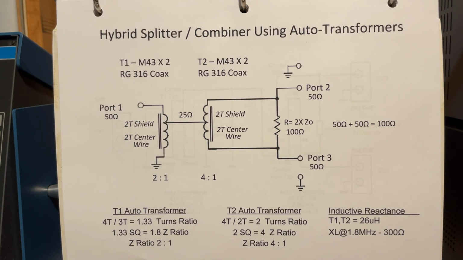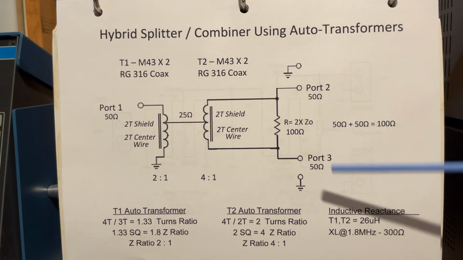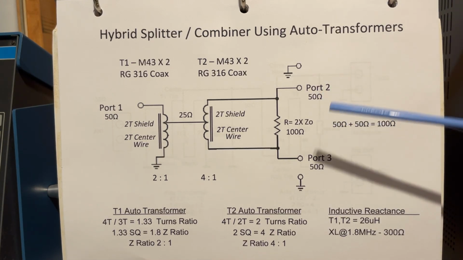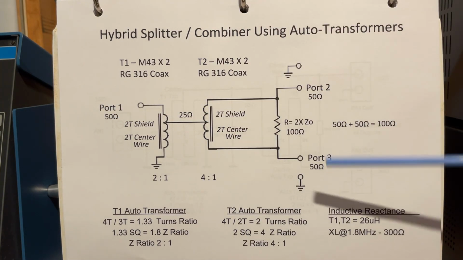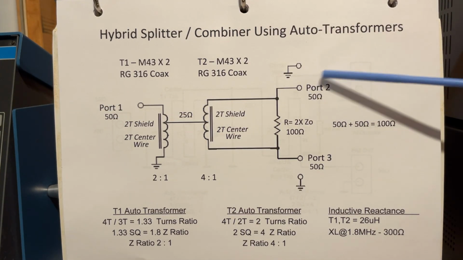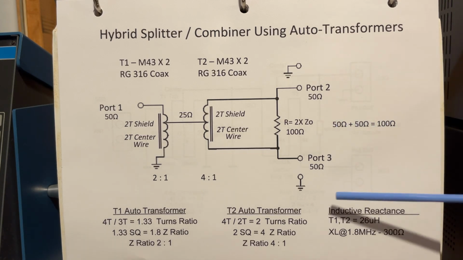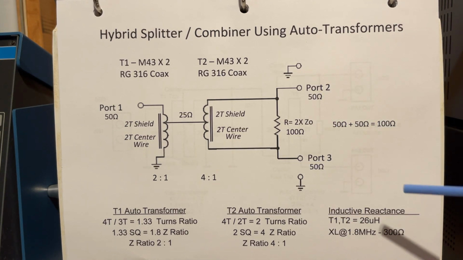What we're doing is we've got two ports here. Let's say we're using this as a combiner. We have two ports here, and the characteristic impedance of each port is 50 ohms. So we've got 50 ohm systems here.